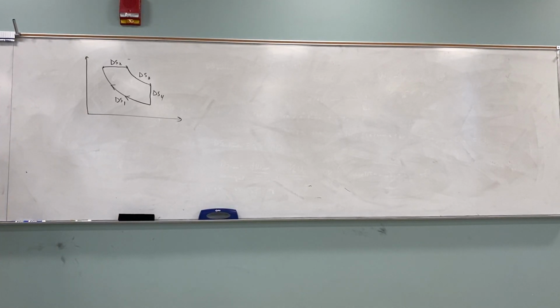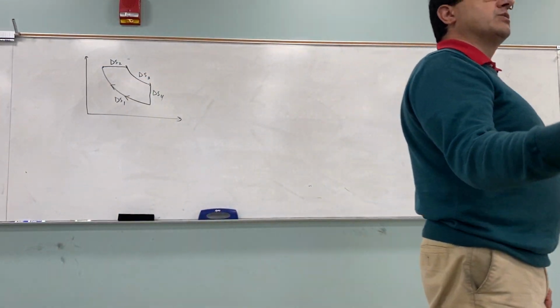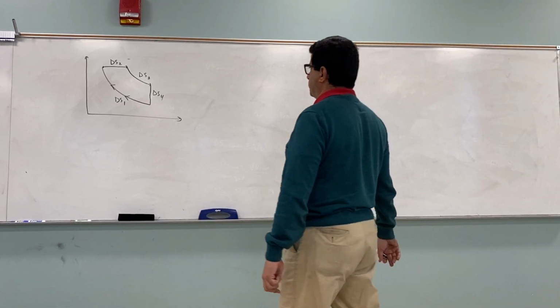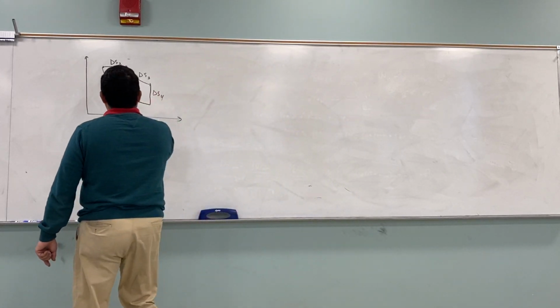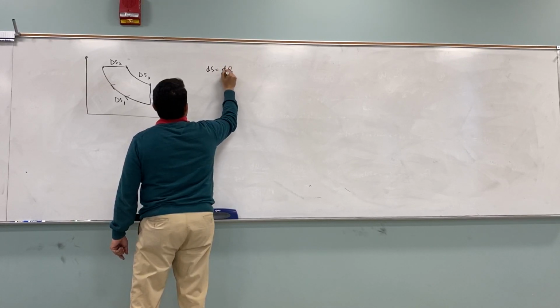Entropy is going to be similar to energy in that after I find each individual one, when I add them, I should get 0. Okay? So let's go back to that problem and say, let's add that portion and say, what's the change in entropy in each stage? Delta S1, delta S2, delta S3, delta S4. So now, what equation do we use? We say dS is dQ over T.